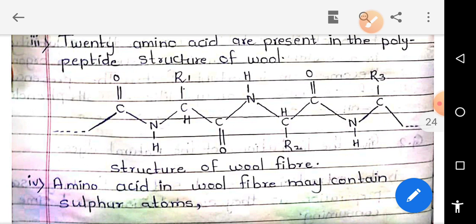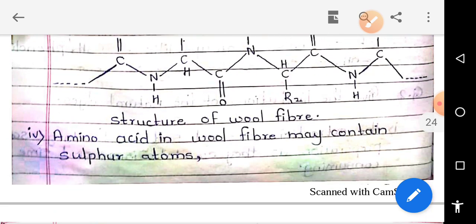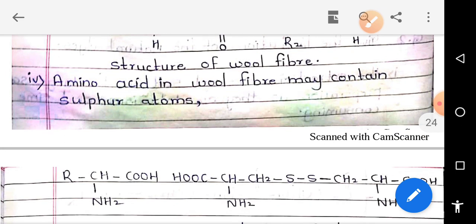Here R1, R2, R3 are alkyl groups. They may be different types of alkyl groups. So 20 amino acids are present in the polypeptide structure of the wool. Amino acids in wool fiber may contain sulfur atoms.